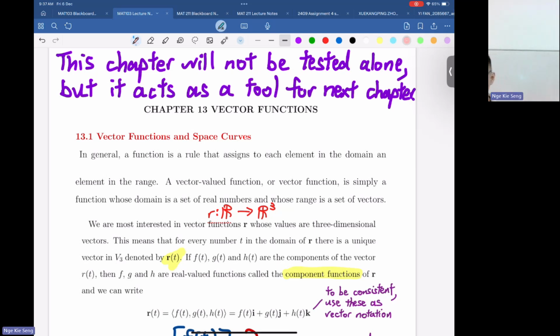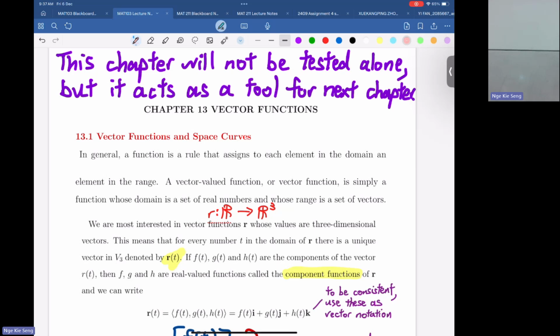So what's a vector function here? We try to relate it back to the space curve we learned in the parametric curve chapter. It's a function from R to R³, or R to R². How do we describe a function from R to R³? In R³, you need to give me a vector. This vector has three variables. So to give a function is equivalent to saying how these three variables depend on the one variable in the domain.